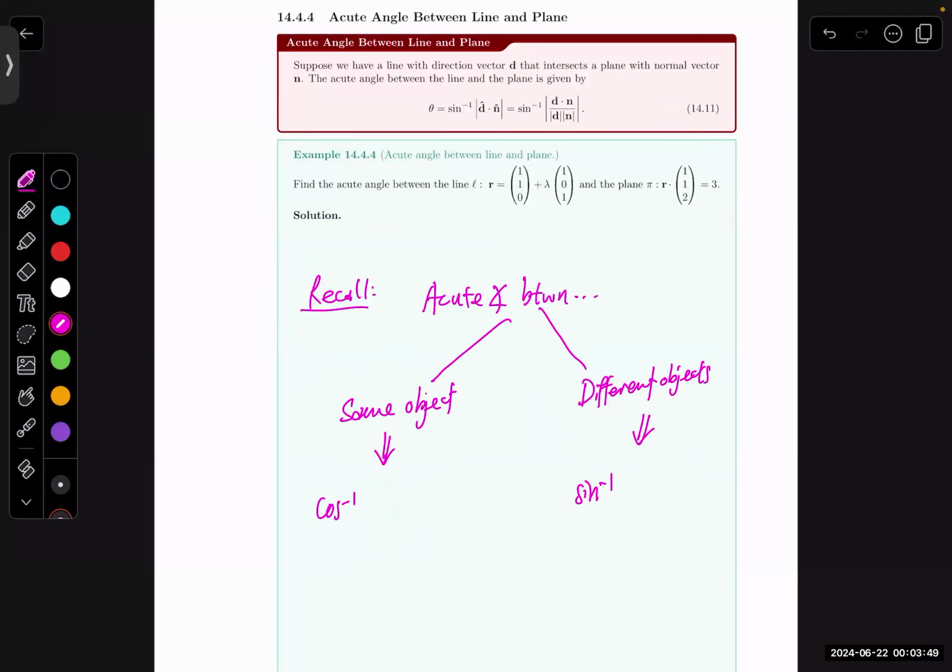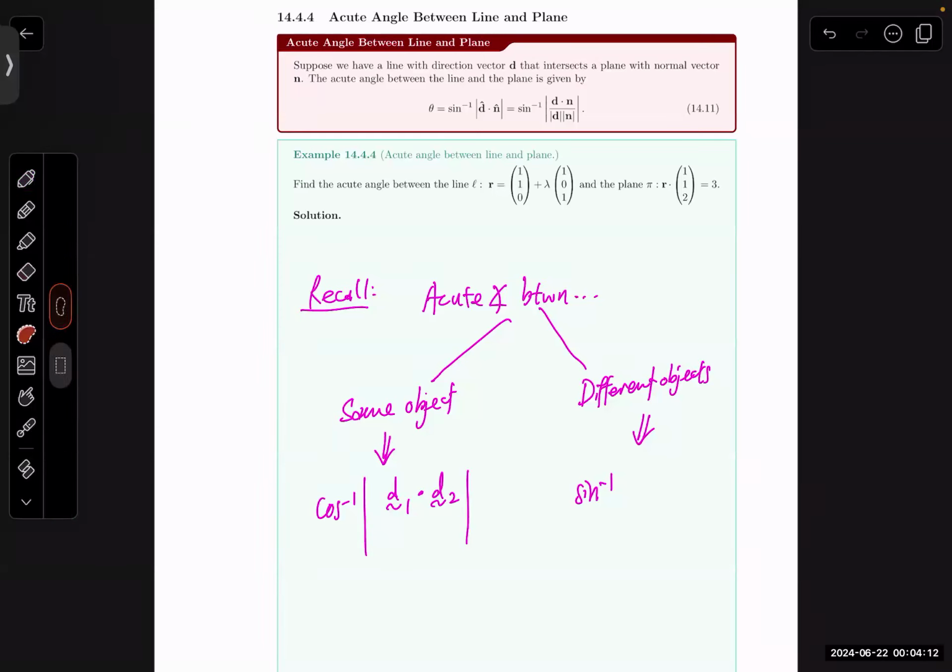What do you use the sine inverse and cosine inverse on? You do it on the modulus of whatever vector describes the direction or the orientation. For example, the direction vector dot direction vector.